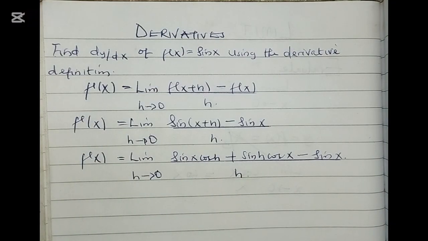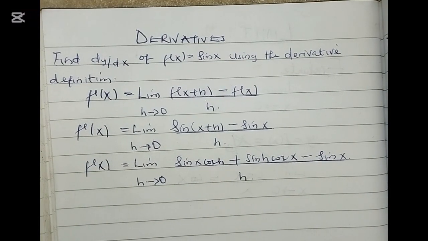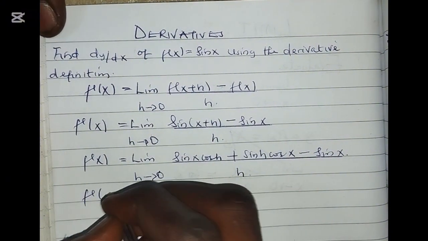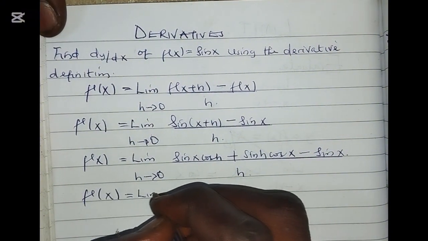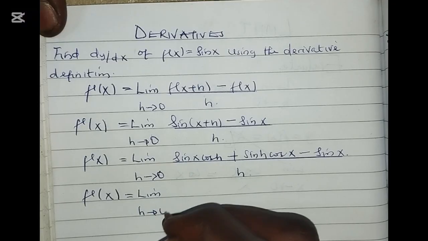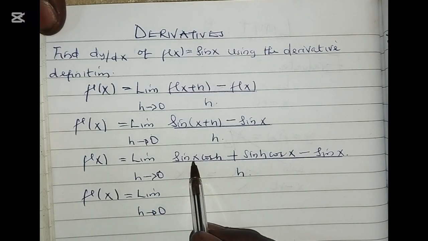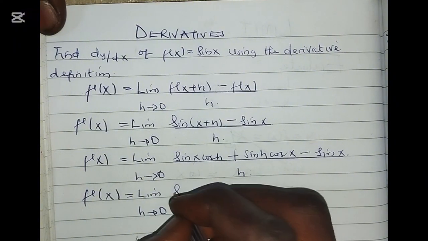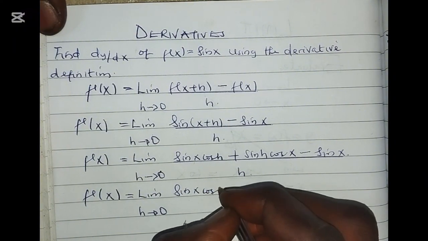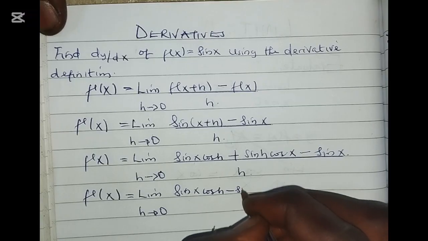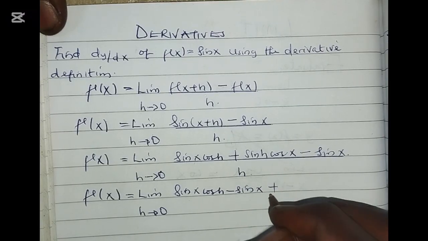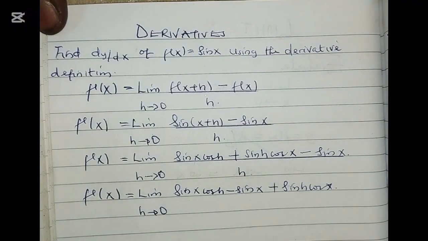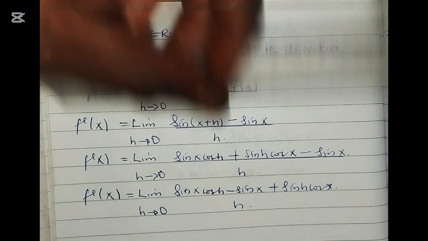After this step, we can regroup or take like terms as we call it. So we have f prime of x is equal to the limit as h approaches 0. You notice that we have sine x here, we also have sine x here, so we can put those together to give us sine x cos h minus sine x plus sine h cos x, all over h.